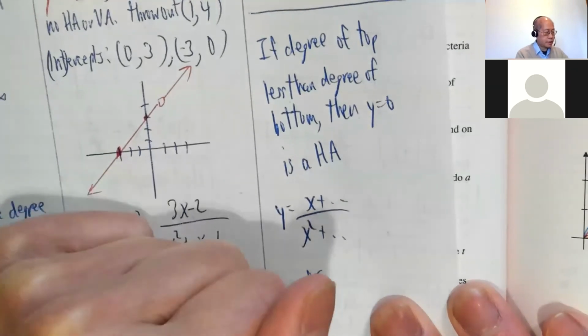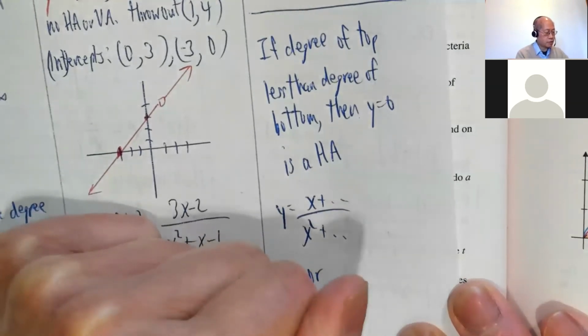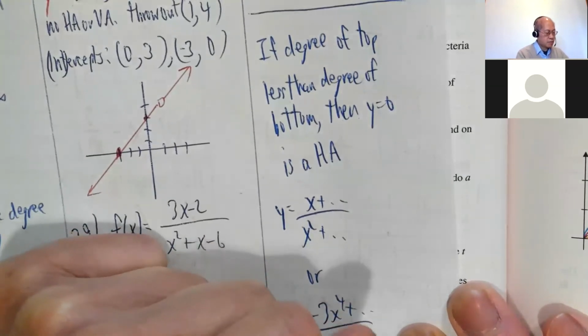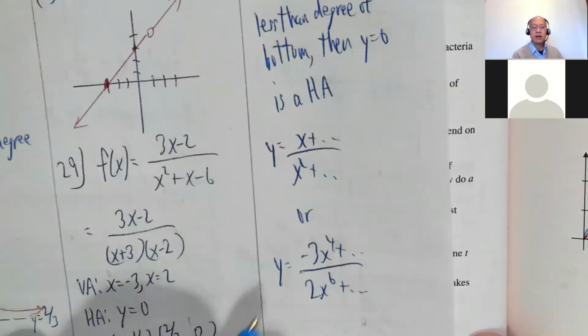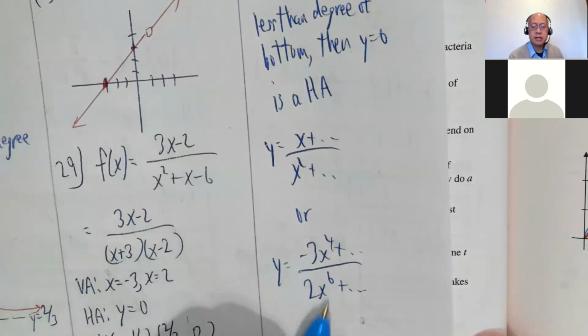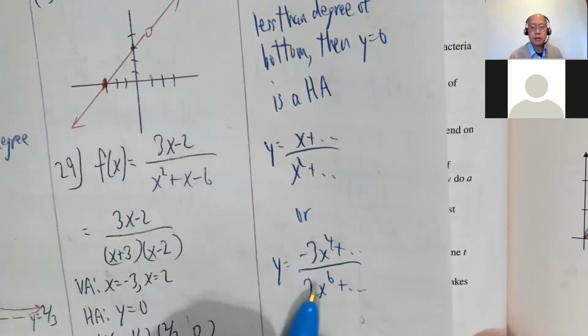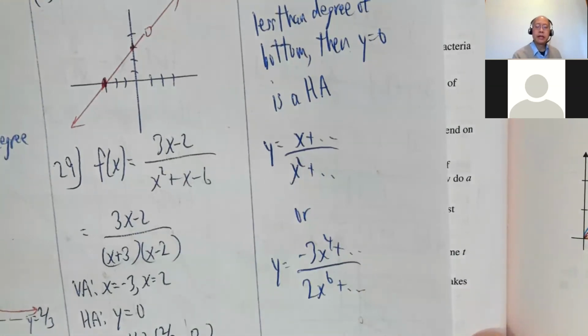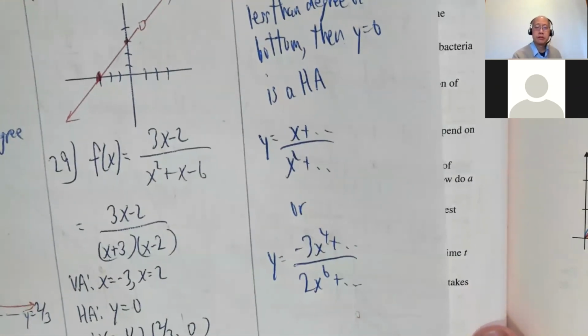Or y = I don't know, -3x⁴ plus blah, blah, blah over 2x⁶ plus blah, blah, blah. 4th degree, 6th degree, 6th degree is going to win. So y = 0 will be a horizontal asymptote. In the long run, the ratio is 0, is what we're saying.